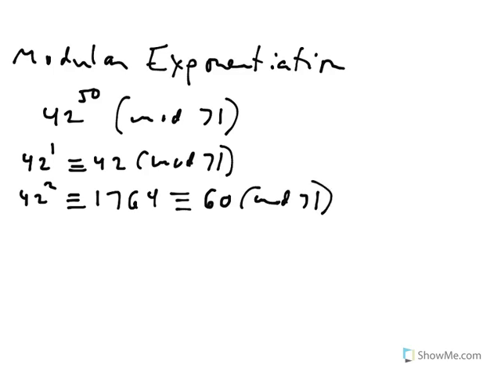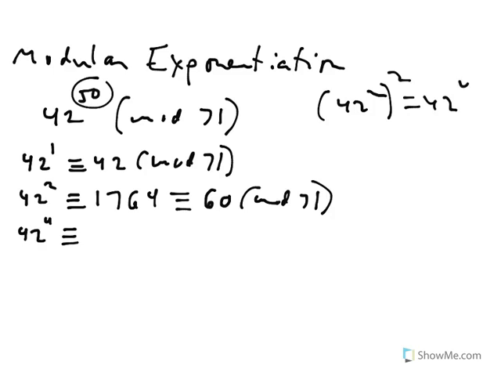We're making progress, but to get to 50, it seems like we're going to have to do this 50 times. But we don't, because there's a little trick. We can double the exponent to 42 to the fourth. Now, 42 squared squared is 42 to the fourth.